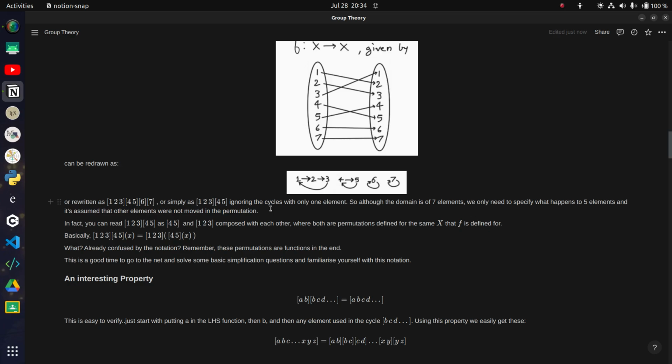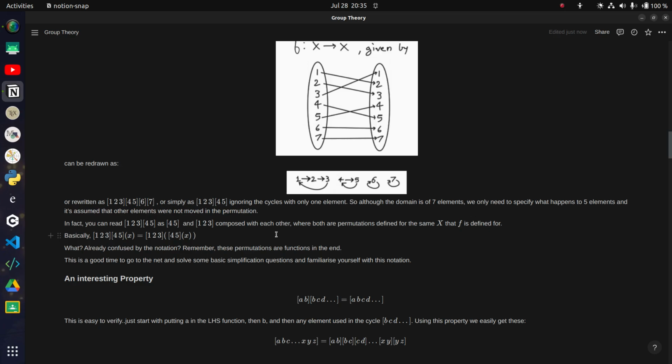And in fact, you can also think of this permutation as the cycle 4 5 and the cycle 1 2 3 being composed with each other. So the cycle 4 5 would just mean that 4 is going to 5, 5 is going to 4, and nothing else is changing. So 1 goes to 1, 2 goes to 2, 3 goes to 3, everything else stays the same, but 4 and 5 get exchanged.